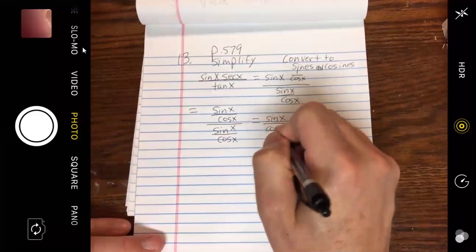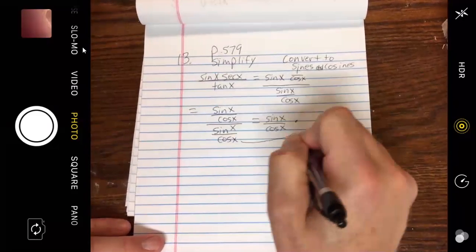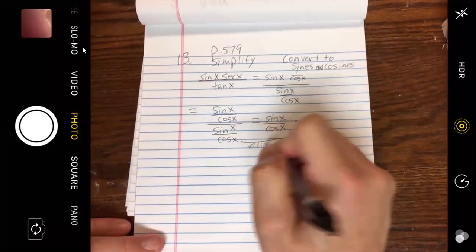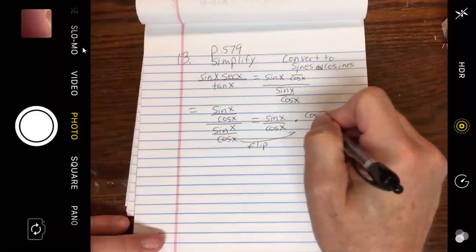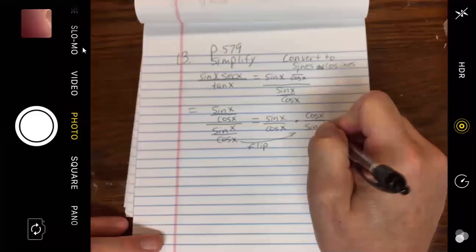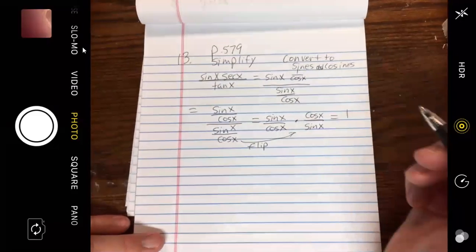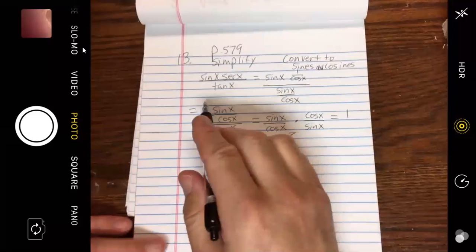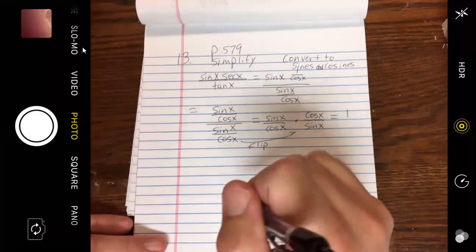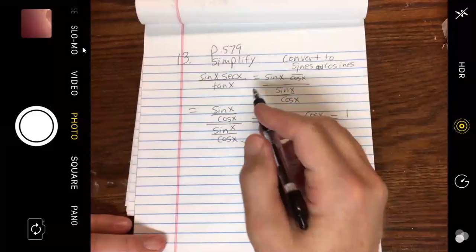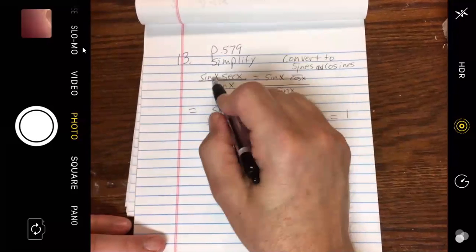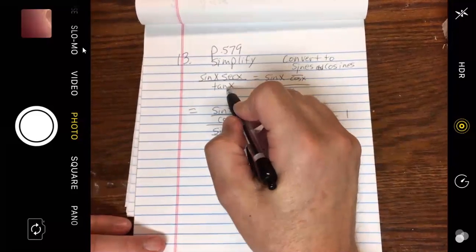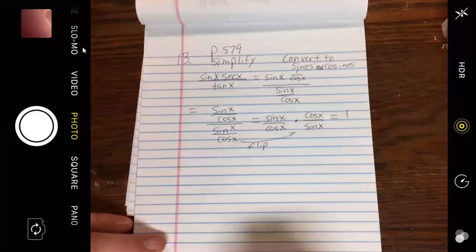Divided by sine x over cosine x, and then you've got to flip this: cosine x divided by sine x. You wind up with 1. So in this whole expression, the top equals the bottom. Secant is 1 over cosine, so the top would be sine over cosine, and tangent is sine over cosine. Top and bottom are equal.